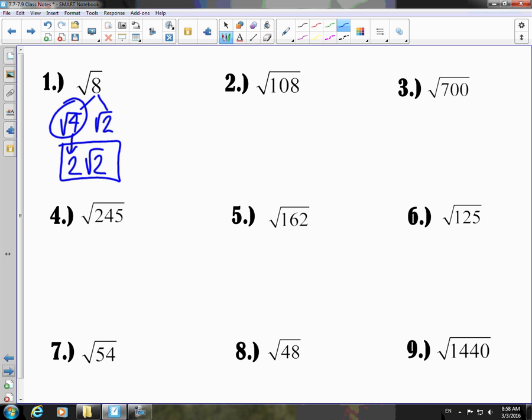If I look over to number 2, the square root of 108, I want to find, again, one of those perfect squares that breaks down 108 evenly. If I try to divide 108 by 4, that does not go in evenly.